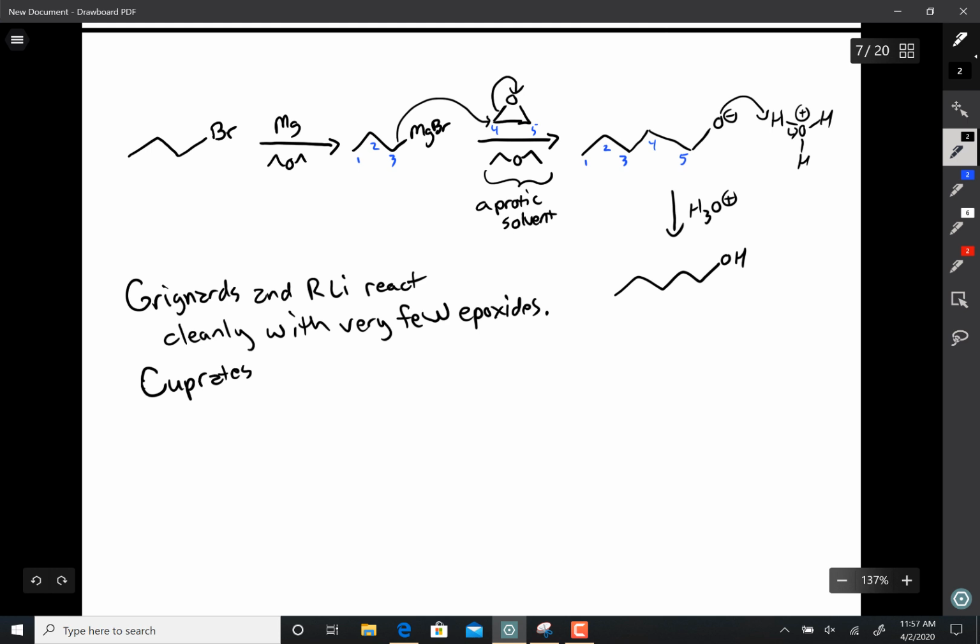Cuprates are far better at reacting cleanly with epoxides.